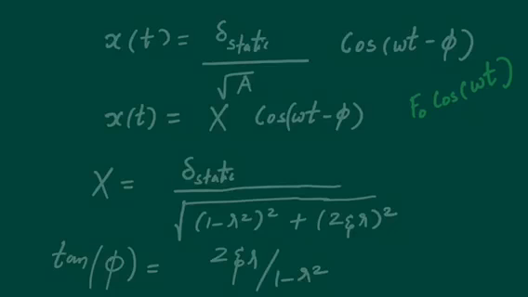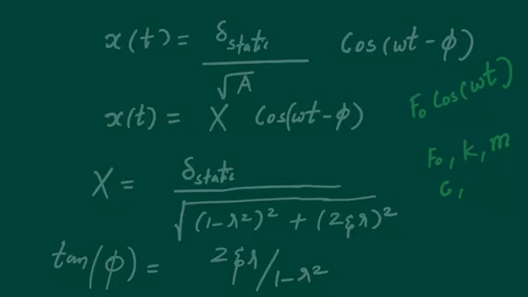Now let's talk about amplitude. The amplitude of the response is given by this particular term. If we expand this term, it is completely known. It is a function of F0, your system stiffness, your system mass, and your coefficient of viscous damping in the system.